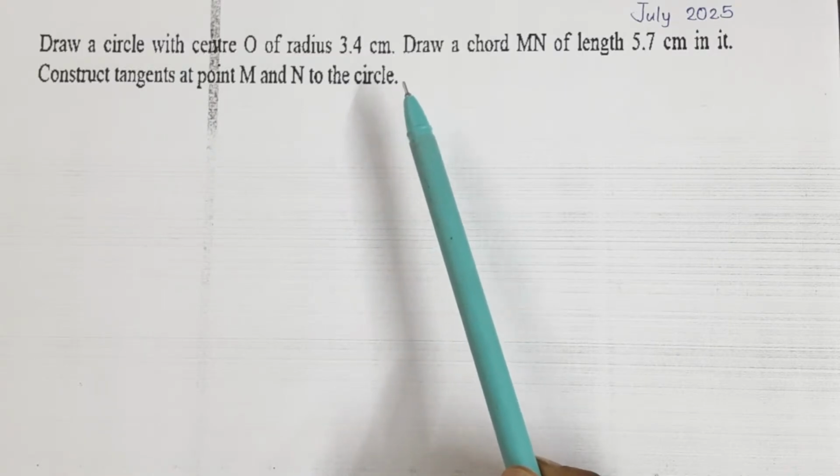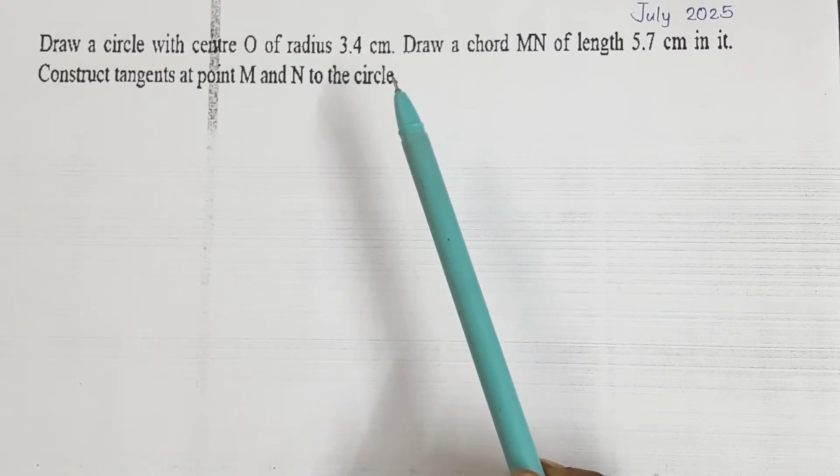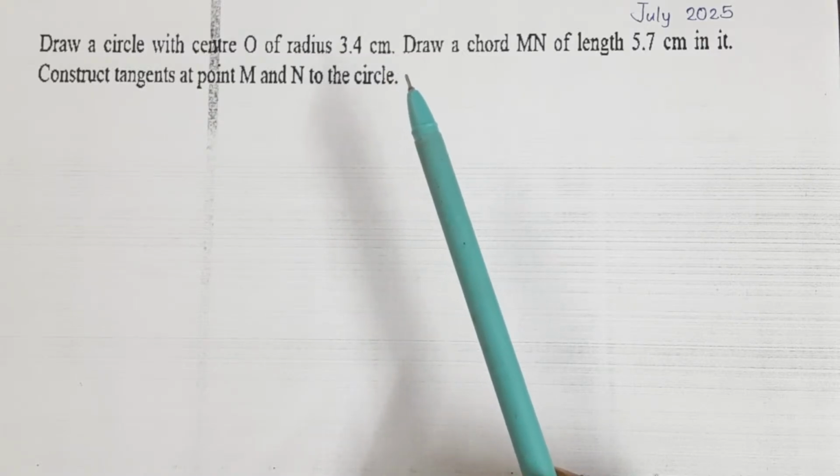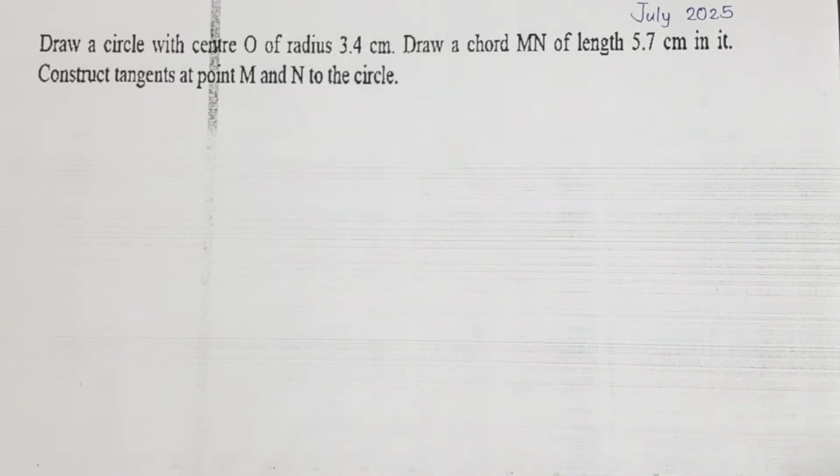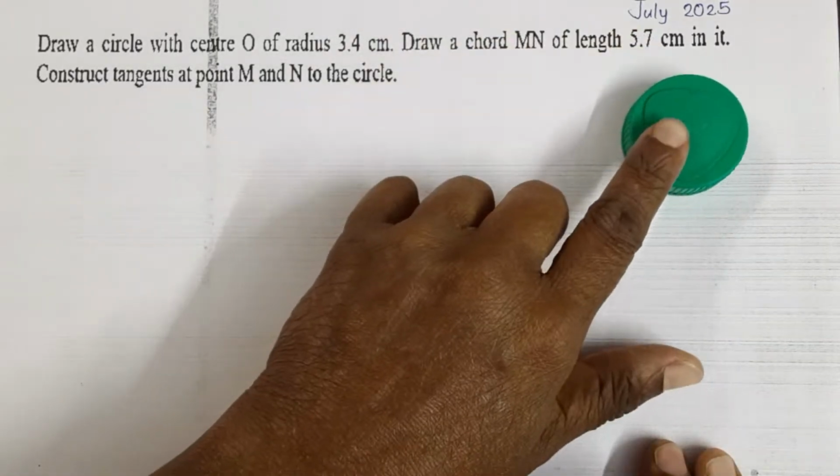So here students, as per the given information, we first draw the rough diagram, because for the rough diagram there is a half mark, and so first we draw the rough diagram. Okay students, so here I use this cap and then draw the circle.